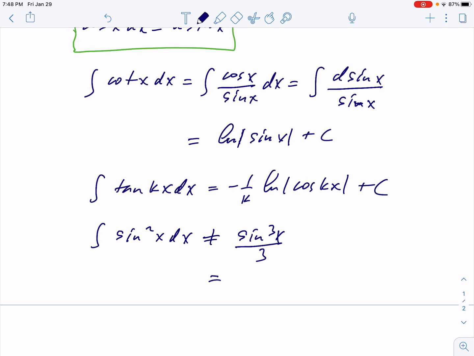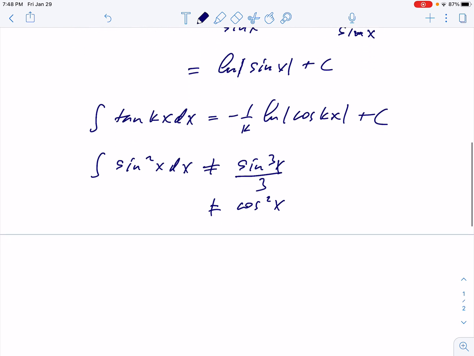It is not cosine squared x. And you see, I have seen such things in certain papers, so please don't show me such wrong work. These answers are wrong. It's very easy to check by differentiation. You don't get the correct antiderivatives.